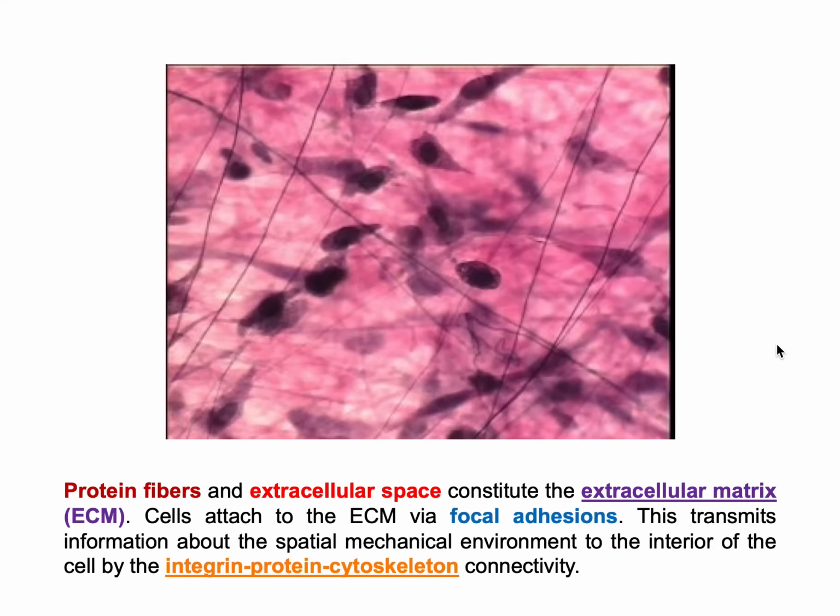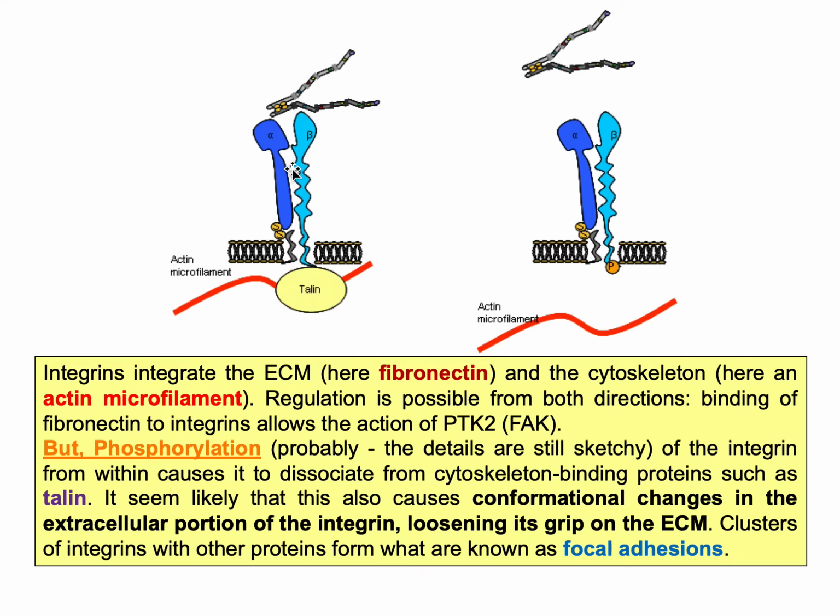Cells are sensitive to the environment they are surrounded with. A stiff surrounding is different from a soft surrounding, and cells will behave differently based on it. Now, how would they know about this? This is through the attachment and the transmission of information. This transmission happens through the integrins, proteins, and cytoskeleton. We have our integrin here, we have the proteins, and then the cytoskeleton.